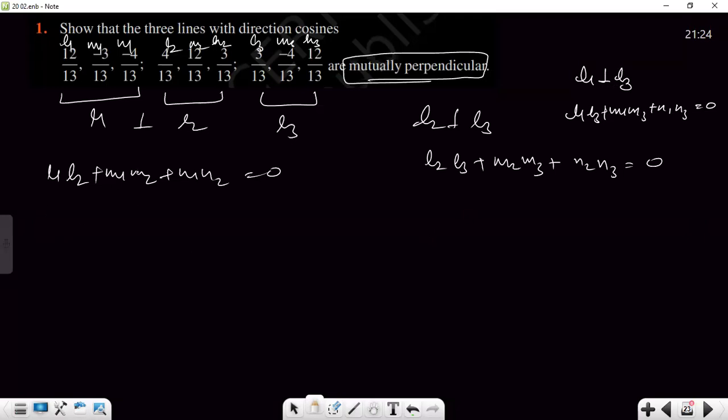Let's solve it. L1 L2: wherever we are multiplying, 13 into 13 is 169. 12 into 4 is 48, plus M1 M2, that is minus 3.